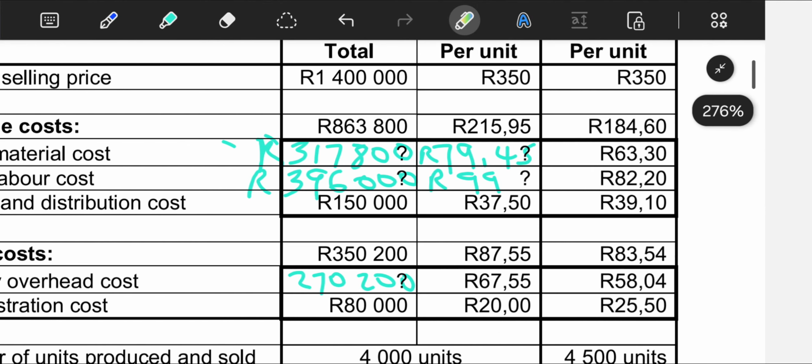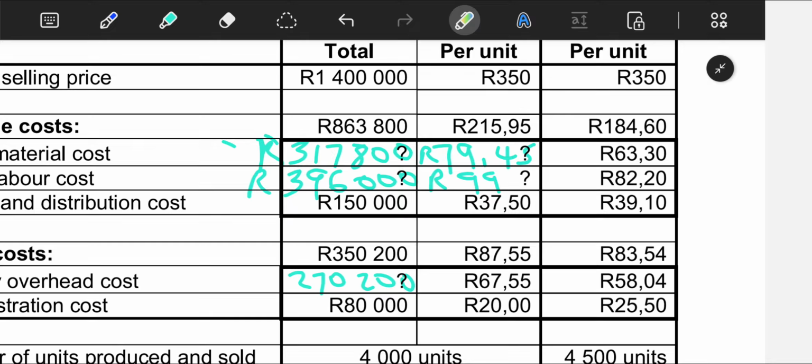Now, let's start commenting. First things first, you're going to quote your figures. Last year it was 63 rand 30 cent. This year it's 79.45. That is an increase. So you can calculate the difference: 79.45 minus 63.30, and you get 16 rand 15 cent. Then you can tell the examiner, direct material cost increased from 63 to 79 by 16.15.